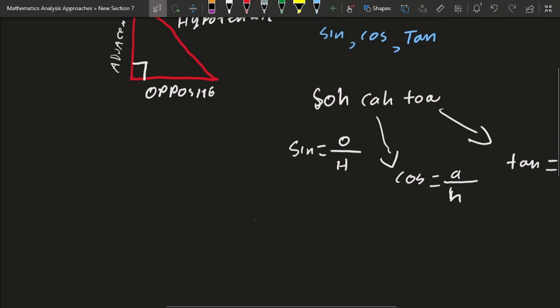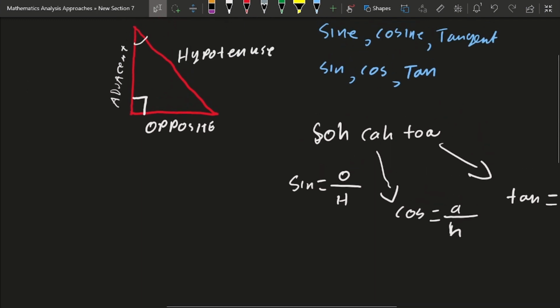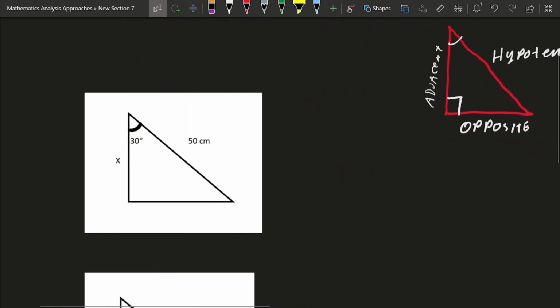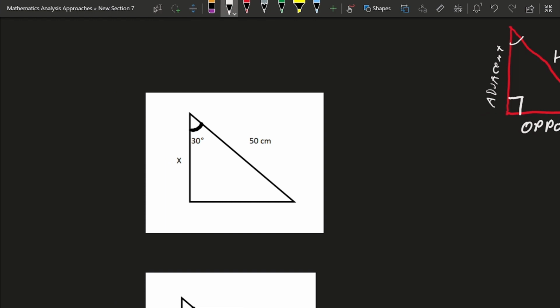All right? So with this now, we can solve some examples. We have this side with the value of x, which we don't know, right? And we have this hypotenuse with value 50 centimeters, and we have this angle with 30 degrees. Now we want to find x, so how do we do that?